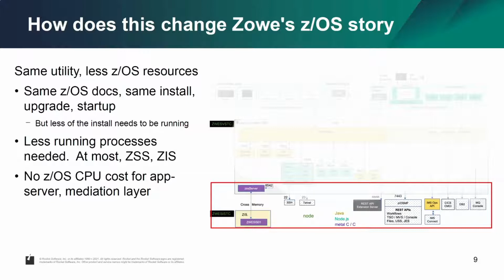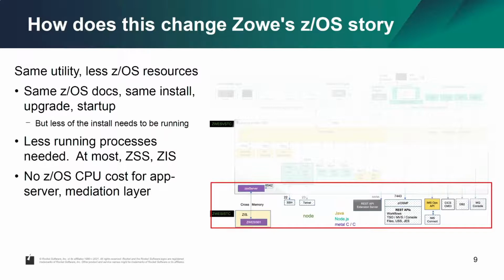So the parts of Zowe that you install on z/OS, even with containers, remain the same. It's going to be the same installation steps for ZSS and ZIS. However, after you set those up, you would configure the z/OS instance to simply run less of the other servers. So you don't need to run the mediation layer or the app server on z/OS if they're running in the containers instead.